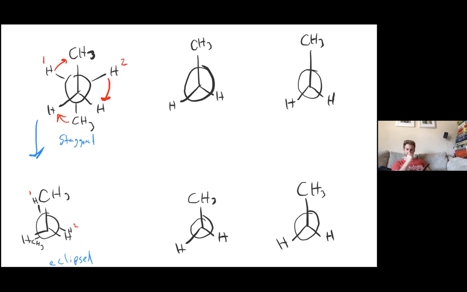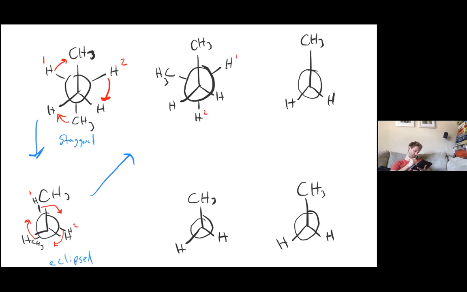So we rotated everything 60 degrees. If we do this again, we're going to take H1, shift it another 60, H2, shift it another 60, CH3, shift it another 60. I'm going to draw it over here. Now H1 is over here. We've rotated 60 degrees again.